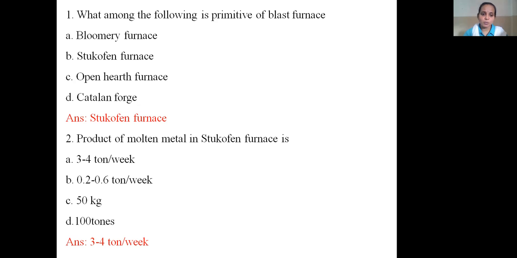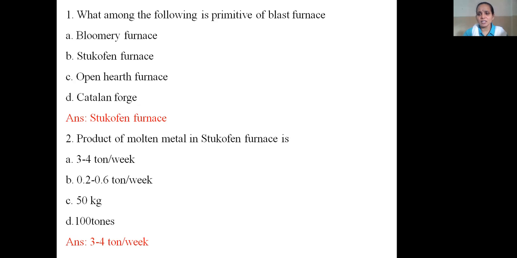Next question: the product of molten metal in the Stokofen furnace is 3 to 4 tons per week, 0.2 to 0.6 tons per week, 50 kgs per week, or 100 tons per week. For the Stokofen furnace, it is around 3 to 4 tons per week.